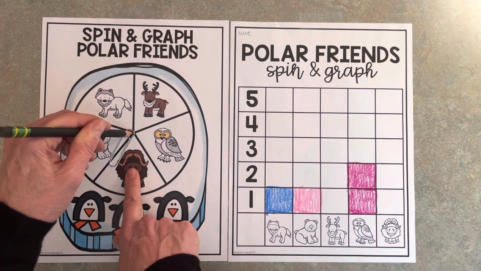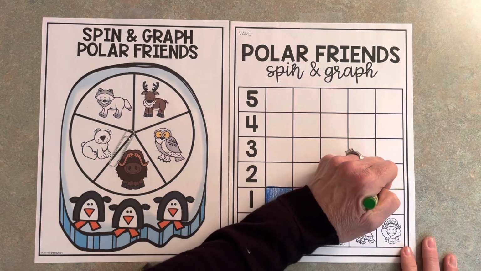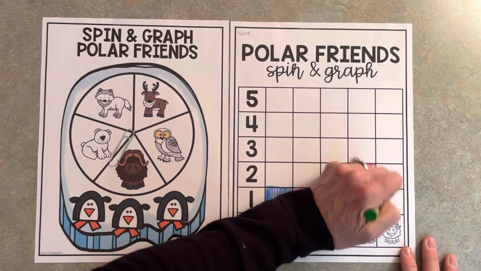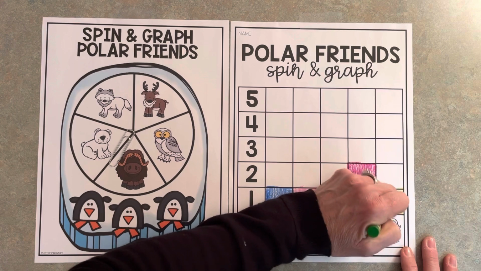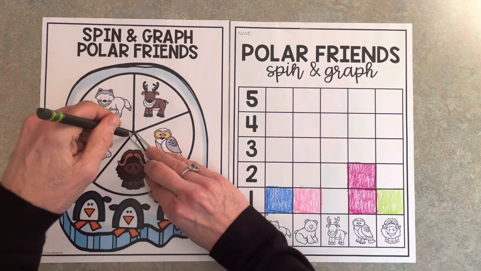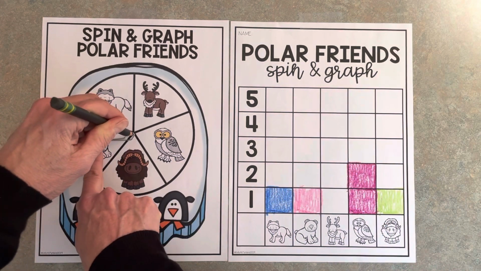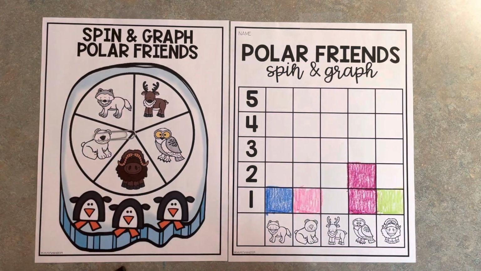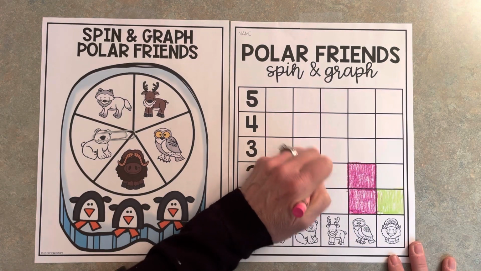Okay, now we have the elk. Let's do green for the elk. Okay, keep going. Okay, now we have the polar bear again, so I could see I used pink for the polar bear.